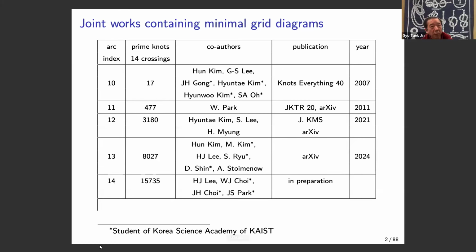Then for the 14 crossing case, arc index 14 case, we finished last year, and the article is still in preparation. And there are no arc index 15 knots for the 14 crossing knots, and you will see why. I'll explain later.